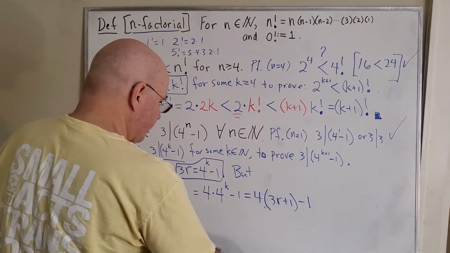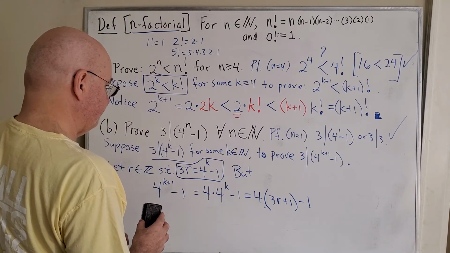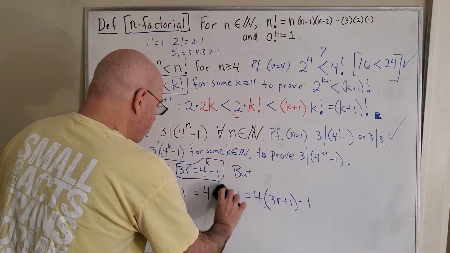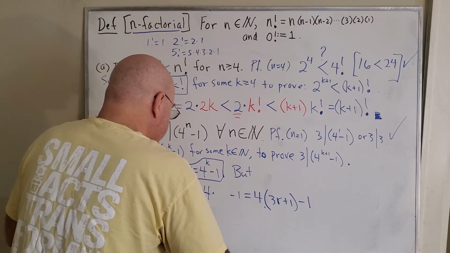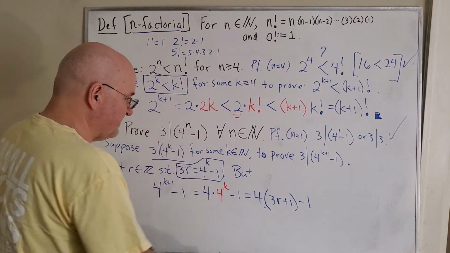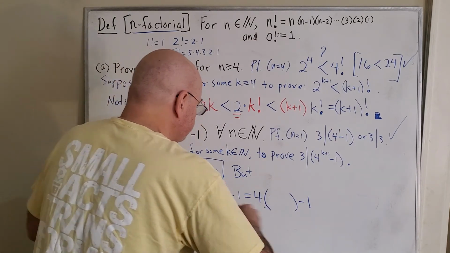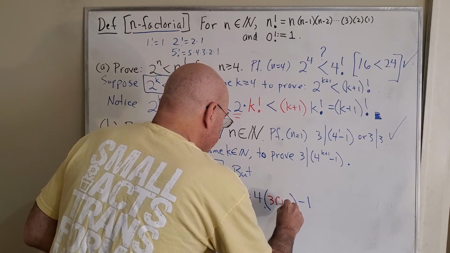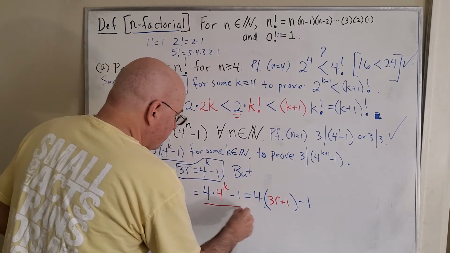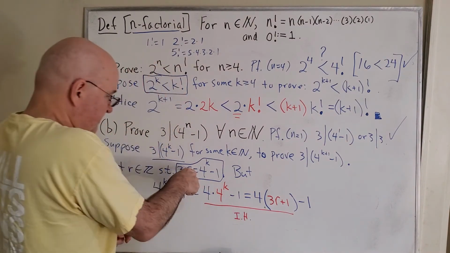So the part I'm going to do in red is, to make it very clear, 4 to the k is equal to 3r plus 1. That is from the inductive hypothesis, which is this.